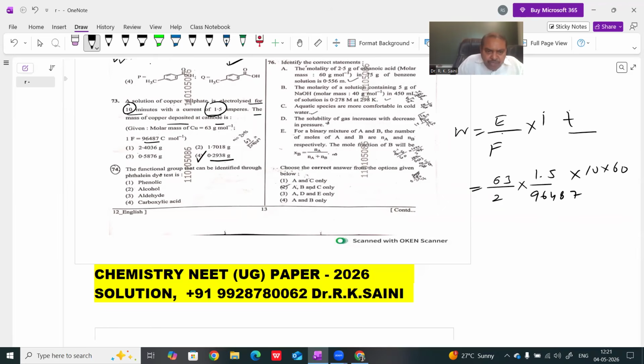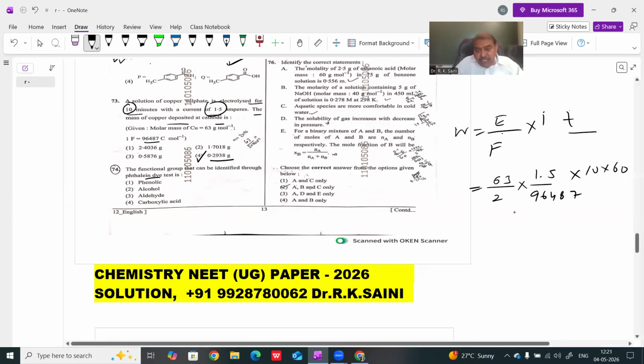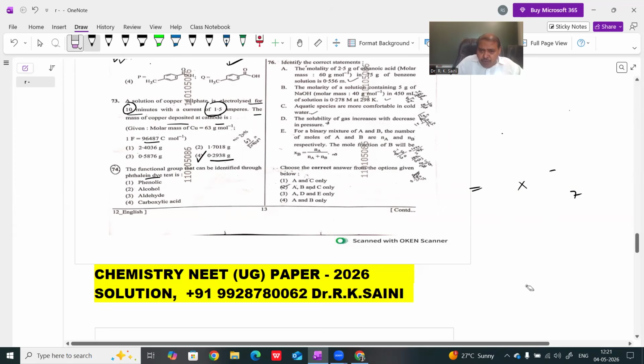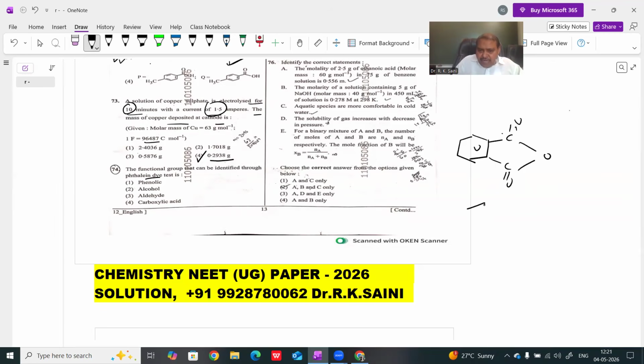The amount of copper is 0.293 gram. Question number 74. The functional group that can be identified through the phenolphthalein test. It is an important reaction: the reaction of phenol with phthalic anhydride in the presence of concentrated H2SO4 gives phenolphthalein. Phenol is ortho-para directing.